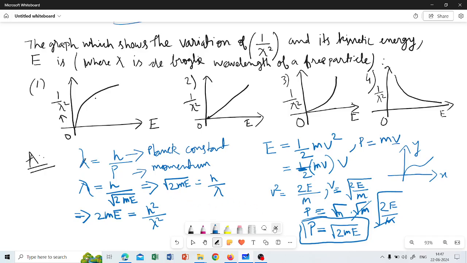So now we can clearly see that there is a variable E and a variable lambda square, and mass and Planck's constant are constants. So this is nothing but an equation of a straight line. I can simplify further.